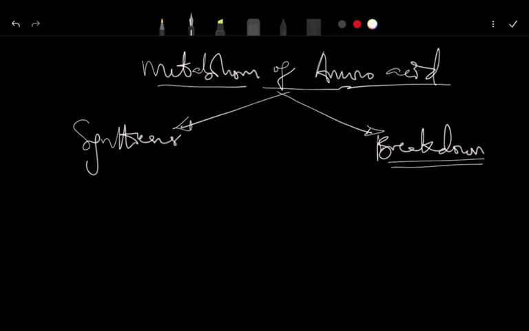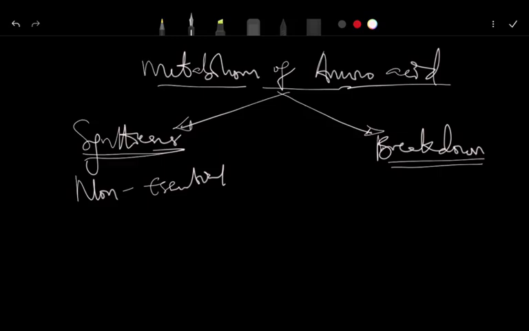Now, for the synthesis of amino acid, we've already understood that the only amino acids that can be synthesized in the human body are the non-essential amino acids. Meaning there's no way you can see something like biosynthesis of methionine in the human body. It's not possible. Why?